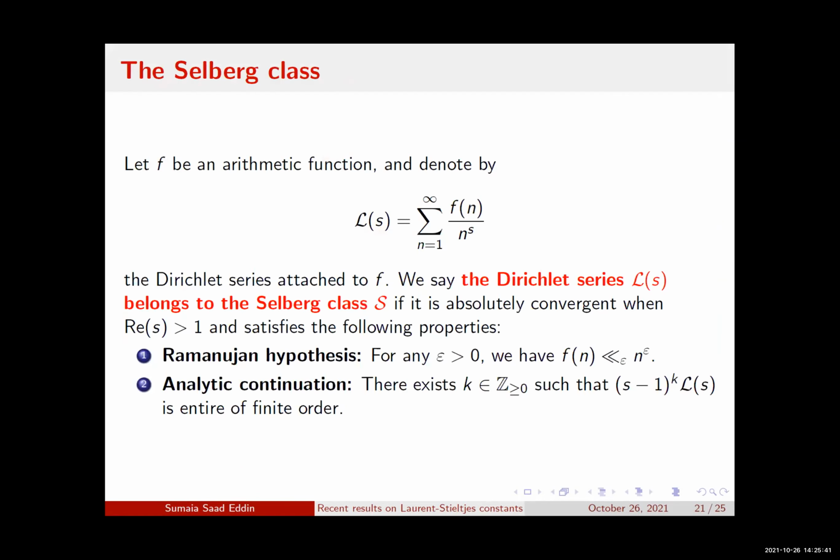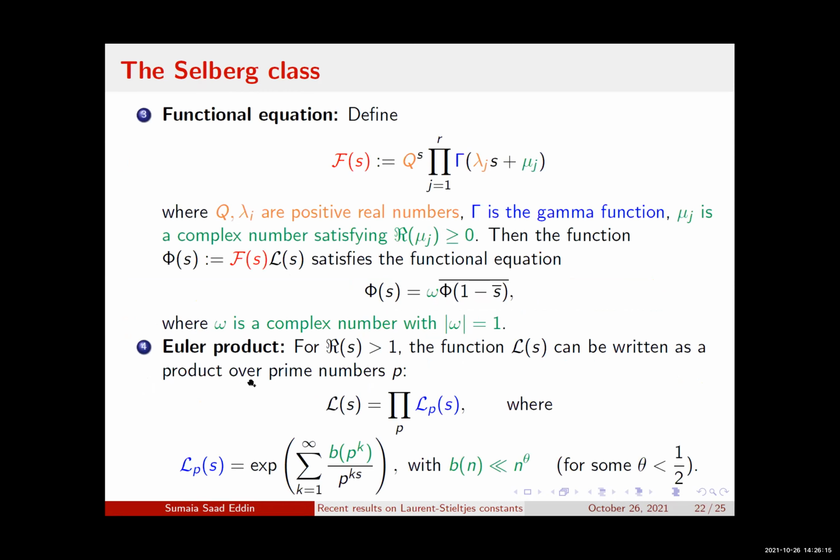Before showing you our result, I want to remind you that a Dirichlet series L(s) attached to an arithmetic function f belongs to the Selberg class if it is absolutely convergent when the real part of s is greater than 1 and satisfies four conditions: the Ramanujan hypothesis, analytic continuation, functional equation, and the last one, Euler product. So this is the Selberg class.